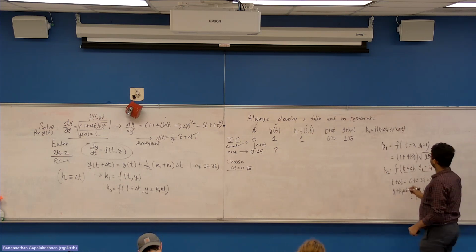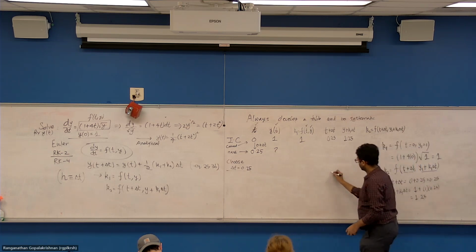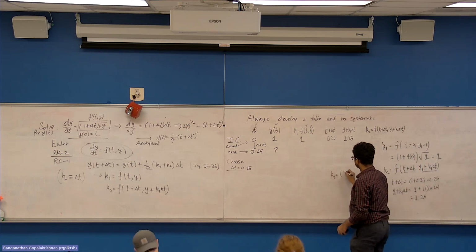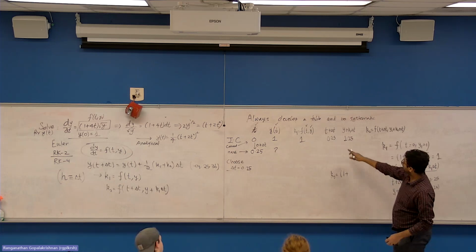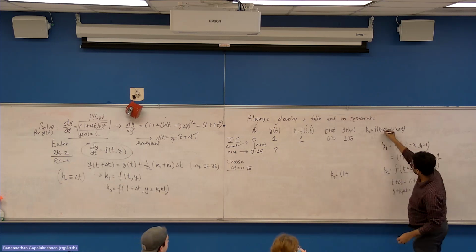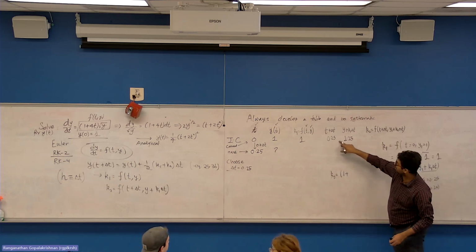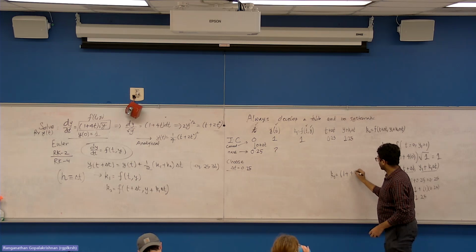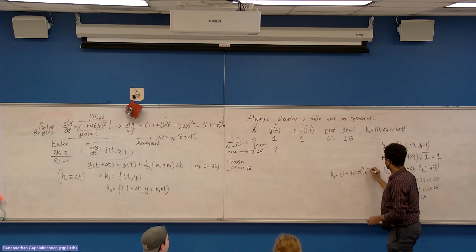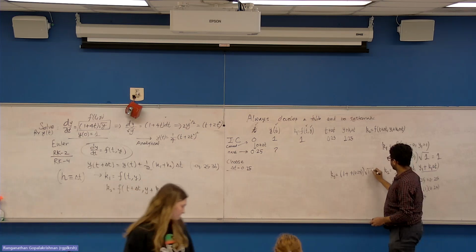So that is like saying K2 is 1 plus 4. Wherever time appears, you have to use this as your argument, which is 4 times 0.25 times square root of 1.25.